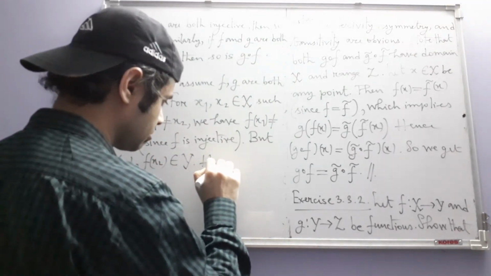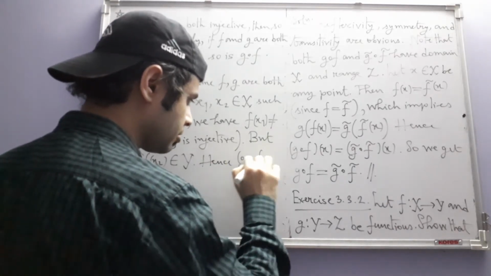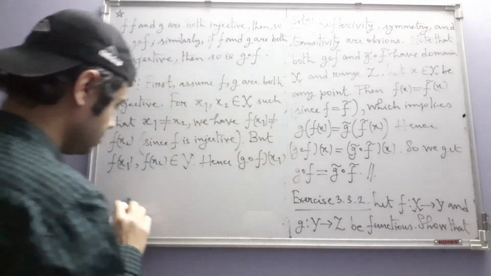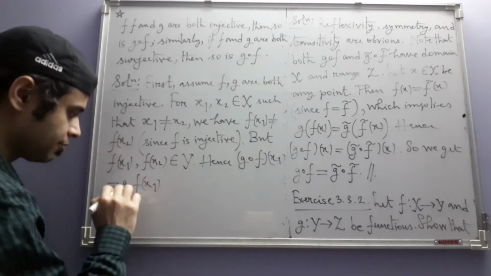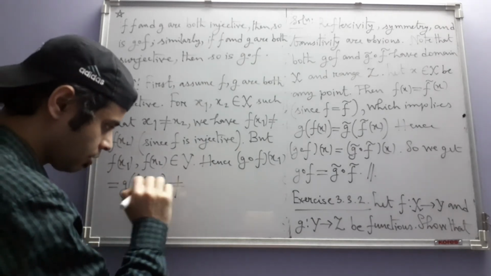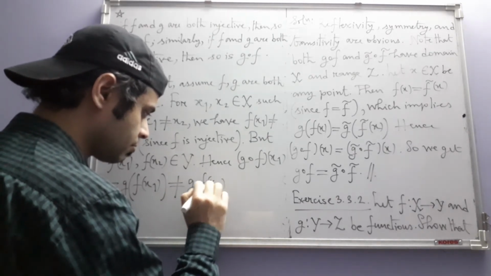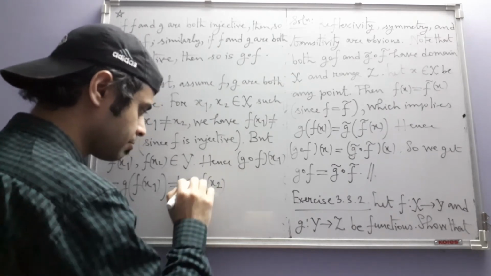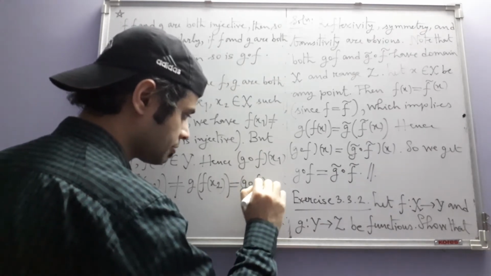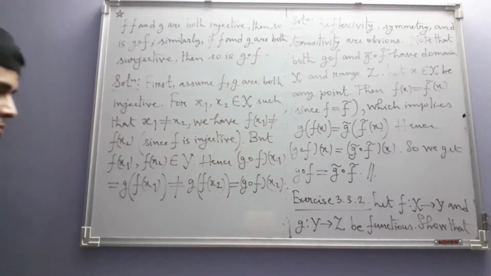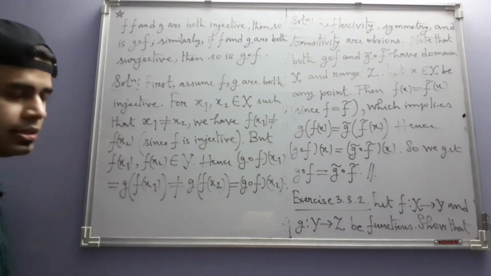Hence, g composition f of x1, which is nothing but g of f of x1, is not equal to g of f of x2, which is g composition f of x2. This is where we have used the fact that g is injective.